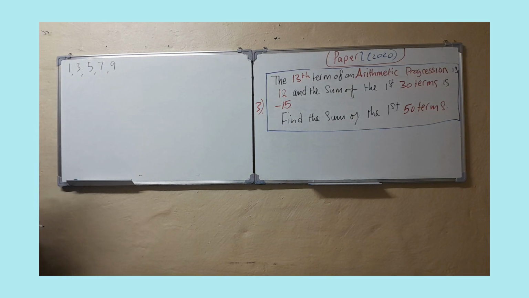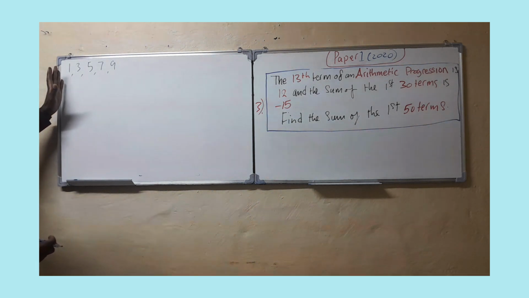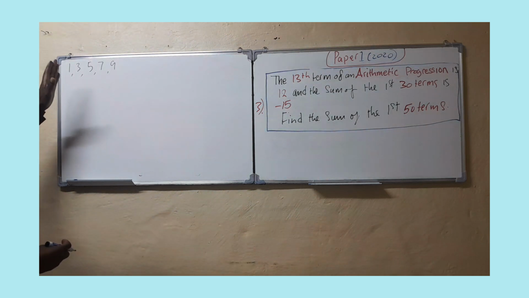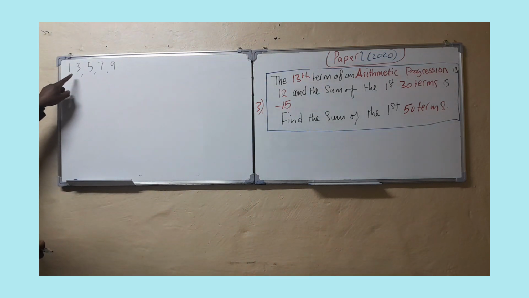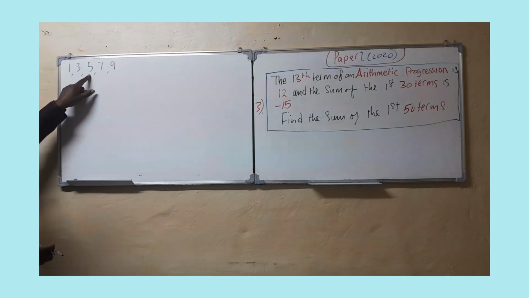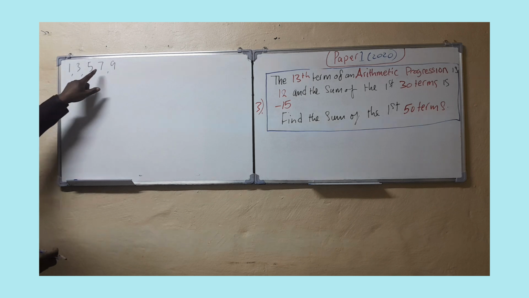Now, this is a series in which each number differs by a constant from the one next to it. For example, here, 3 minus 1 is 2, 5 minus 3 is 2, 7 minus 5 is 2, 9 minus 7 is 2.